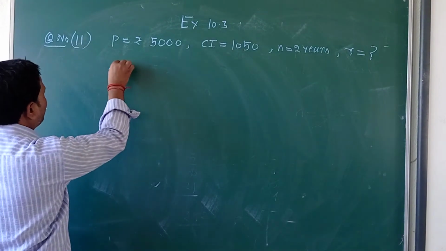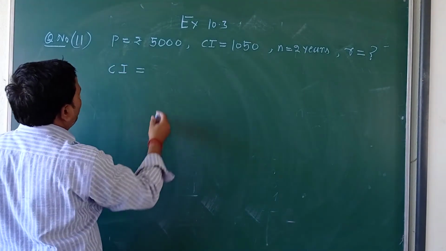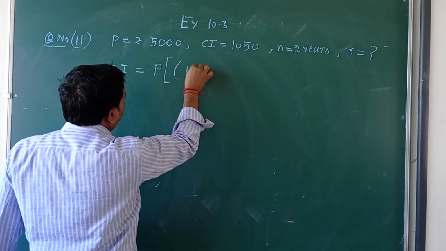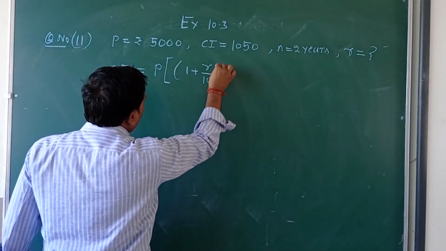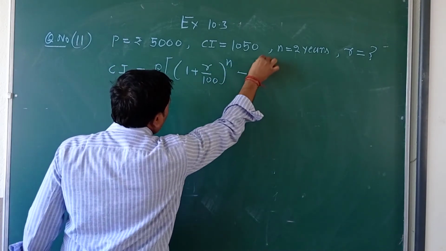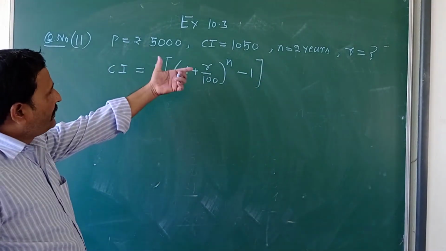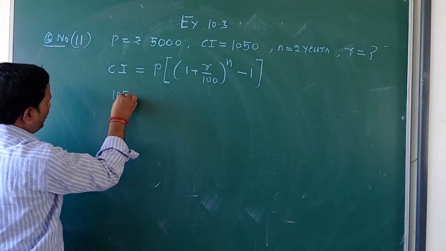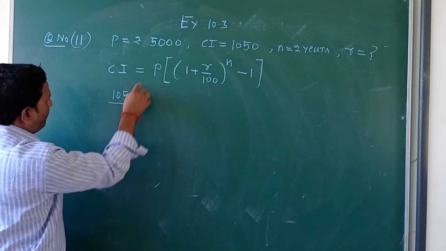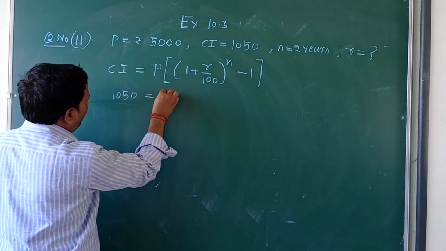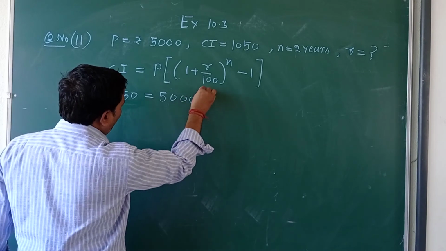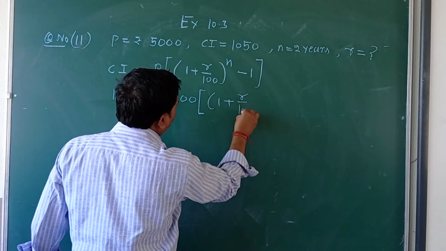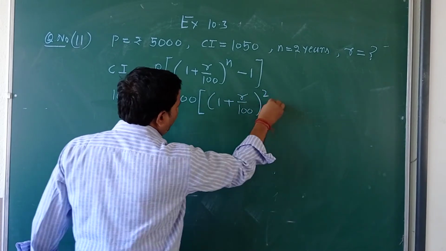CI is equal to principal into bracket 1 plus R upon 100 to the power n minus 1. Now put the values: CI is given 1050, principal given 5,000, 1 plus rate which is asked, time given 2 years, minus 1.